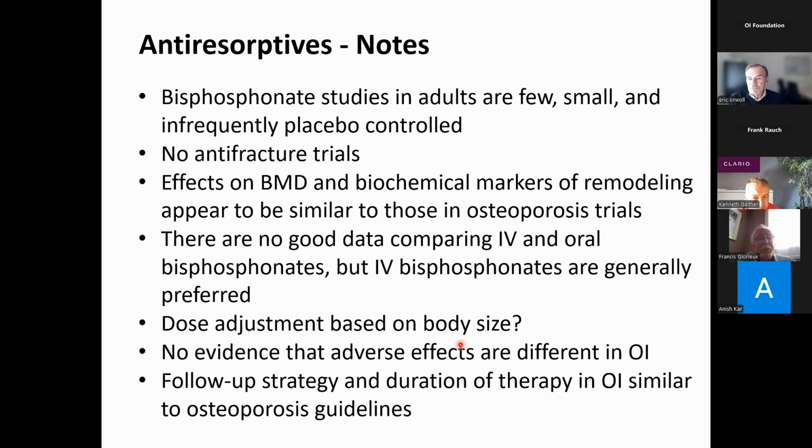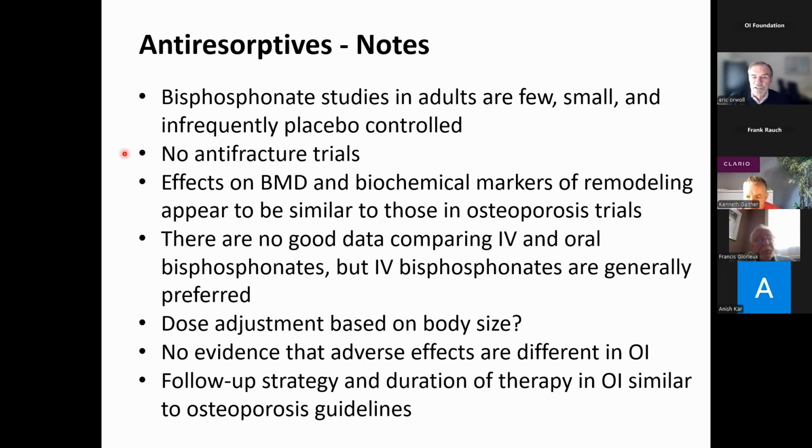So, summary notes about bisphosphonates in adults with OI. There are few studies, they're small, and they're infrequently designed with a placebo control. So basically, the evidence we have is relatively weak.